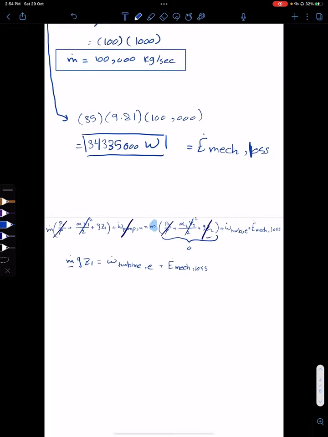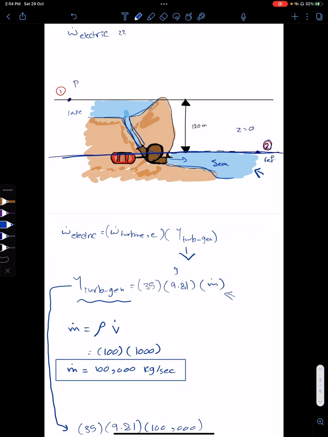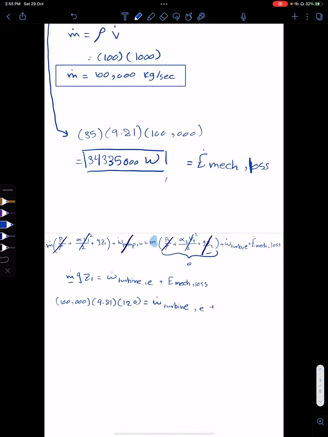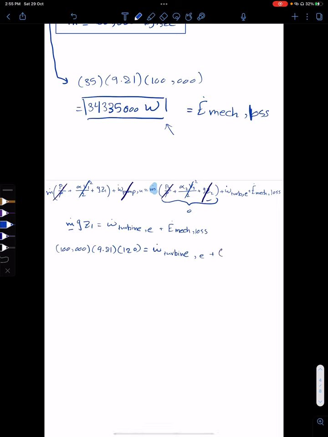So at this point, m dot is 100,000, g is 9.81, z1 is 120, W dot turbine is what we need to find, plus E mech loss, as I said, the efficiency equals the E mech loss, so it's 3,433,500.